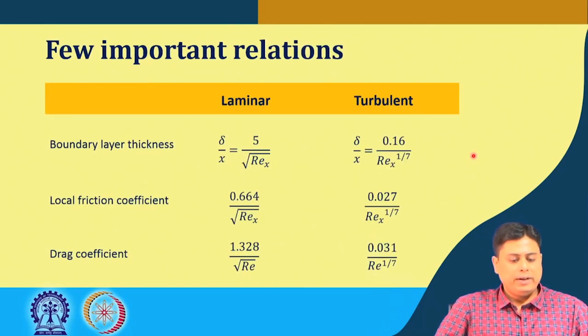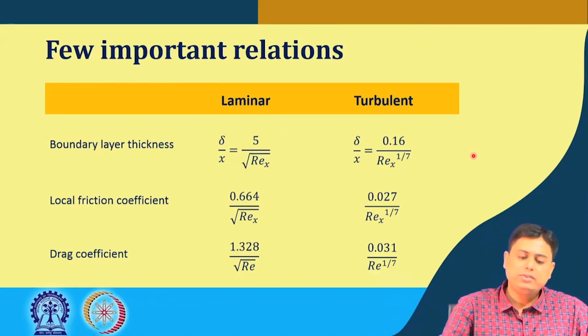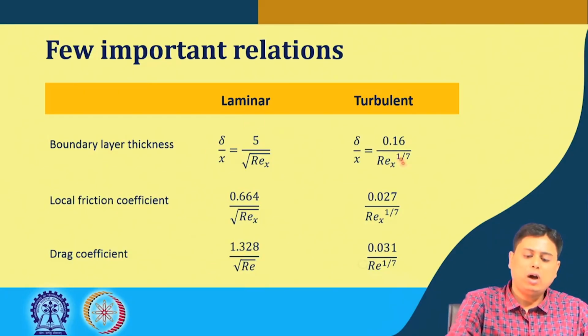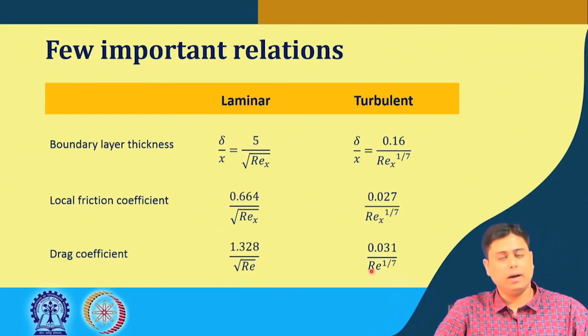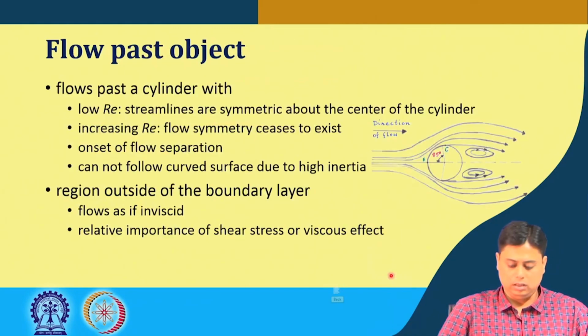So, the boundary layer thickness in the laminar and the turbulent cases are both listed here, as well as the local friction coefficient and the drag coefficient value. These relations are what you have to keep in mind, because in several questions these are typically asked, and during some calculations you have to remember these relations.